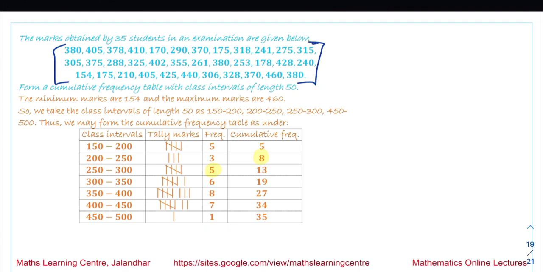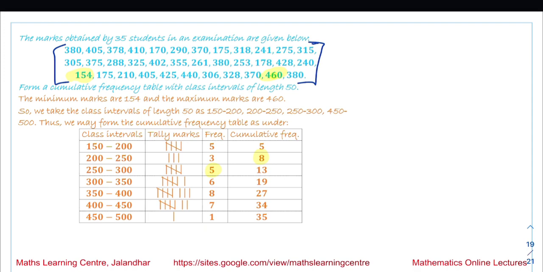So to draw the frequency table, we have to see the minimum value, which over here is 154, and the maximum value, which over here is 460. So we can take class intervals of length 50.